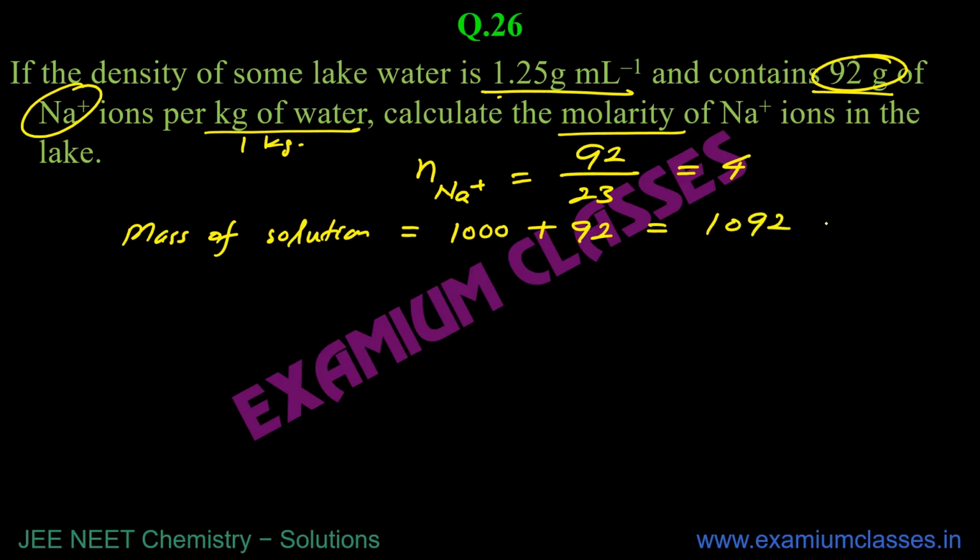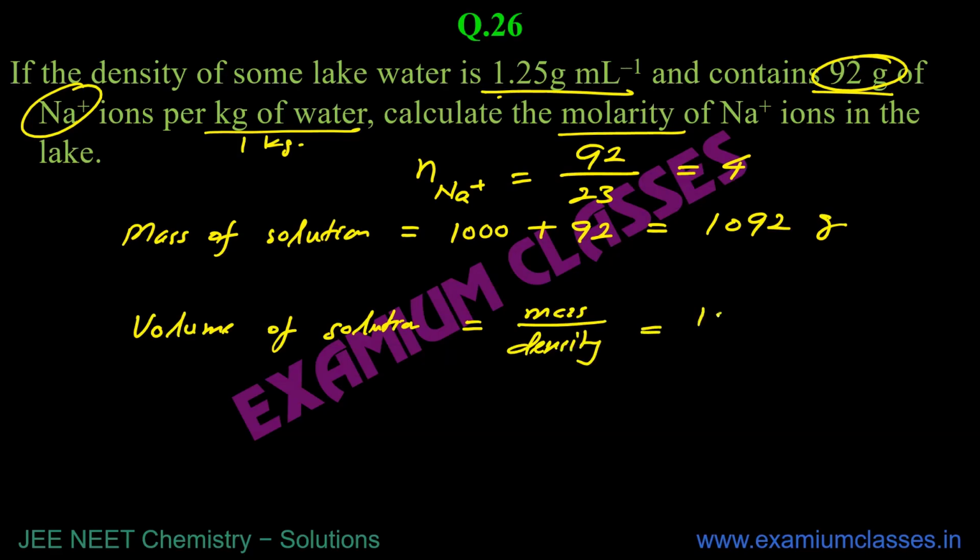So 1092 grams. So you will say volume of solution will be mass over density. So it will be 1092 divided by 1.25.